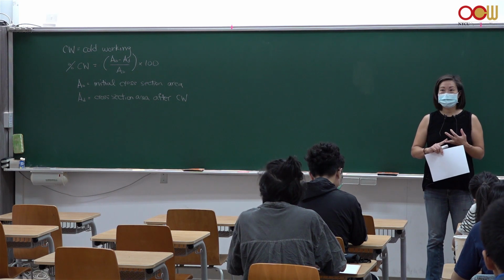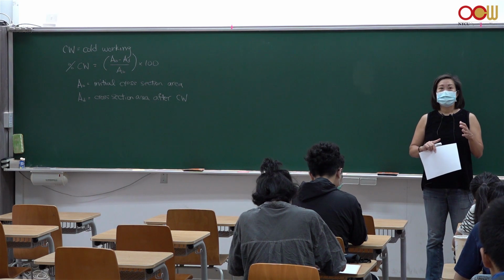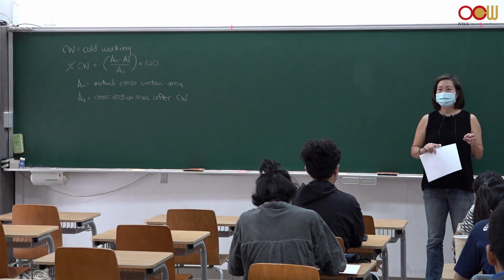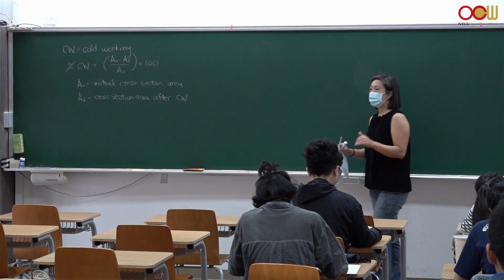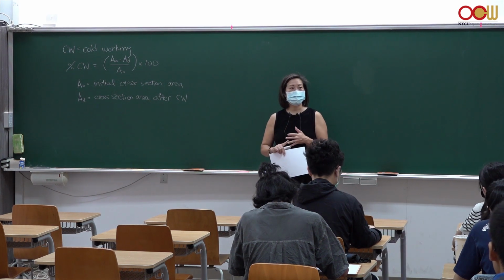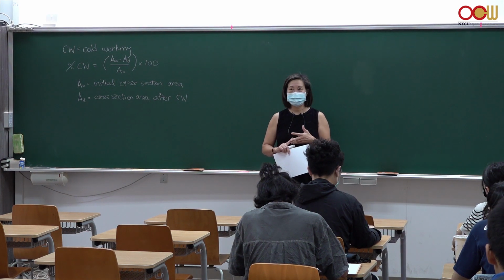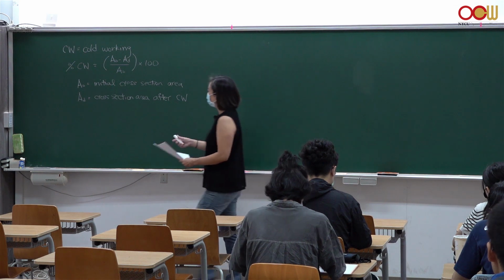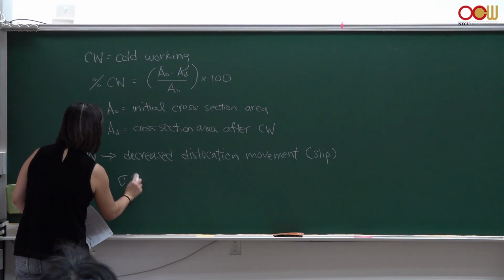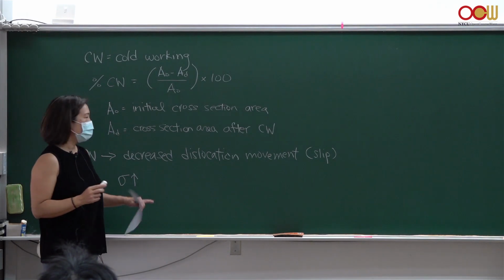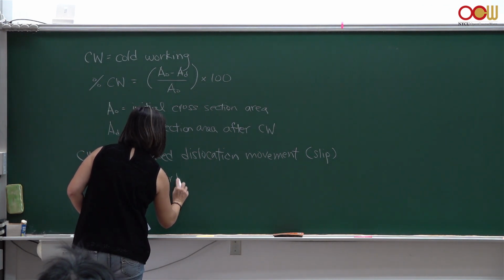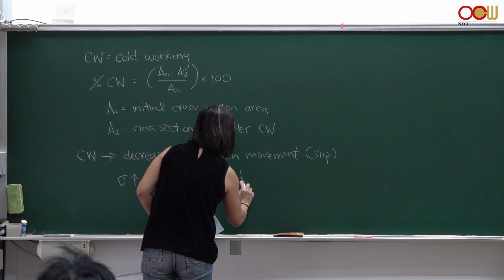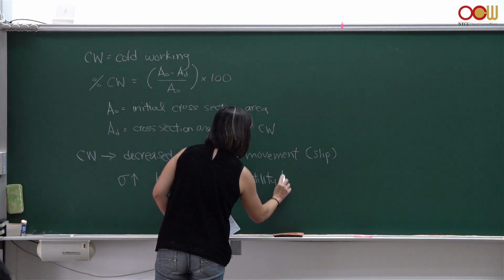And both of those things cause reduced dislocation movement. Reducing the dislocation movement will increase hardness and strength, but decrease ductility. So by reducing dislocation movement, you can increase strength, you can increase hardness, and you decrease ductility.